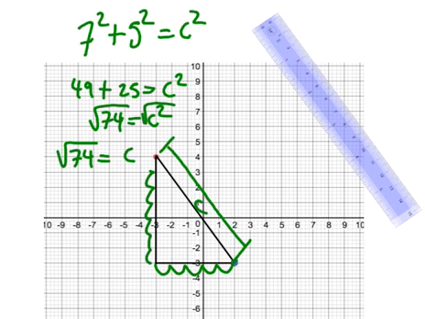Well, C is the square root of 74, and I could just find half of that. So the square root of 74 divided by 2 will be the distance of the midpoint. It's going to be halfway between somewhere like right there.